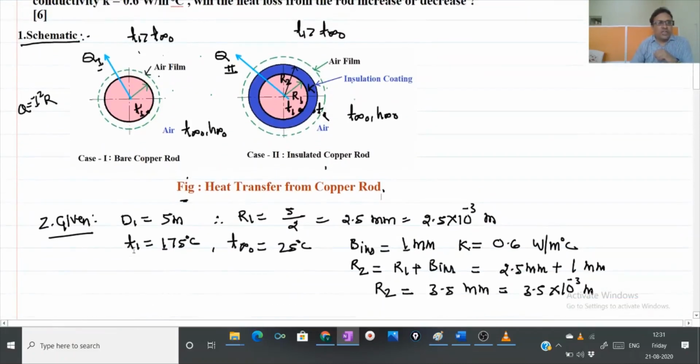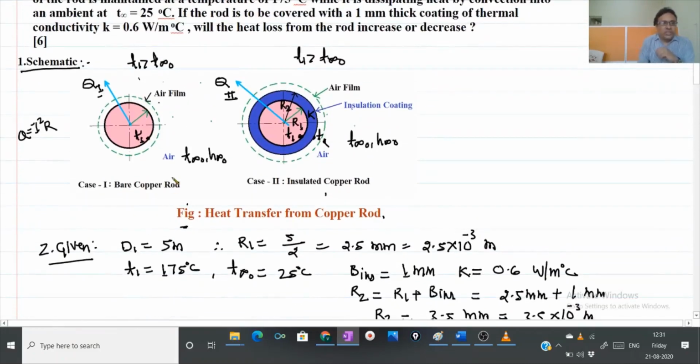Let us enlist all the given things. In the problem, the diameter of the copper is given as 5 mm. So the radius will be 2.5 mm or 2.5 into 10 to power minus 3 meter. Surface temperature of the copper rod is given as 175 degrees Celsius. Outer temperature of the surrounding fluid is given as 25 degrees Celsius.